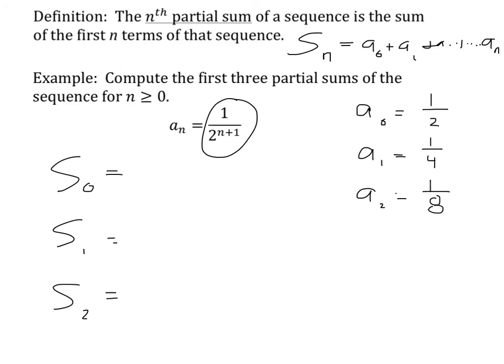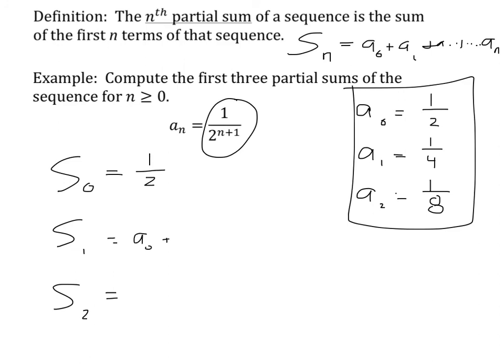Great. Now that I have the first few terms of the sequence, I can write down what the partial sums are. S0 is the sum of the 0th term, so that's 1/2. S1 will be a0 plus a1, so it'll be 1/2 plus 1/4, which is 3/4.